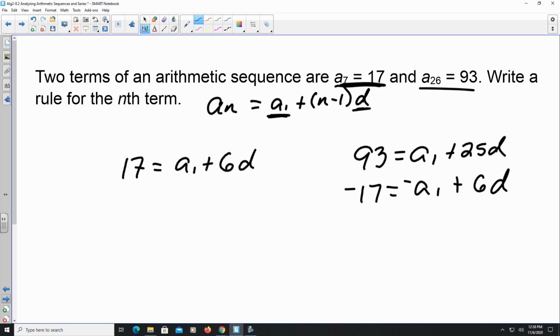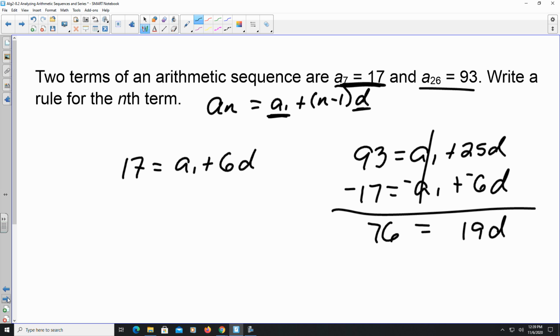So I'm going to put minus, minus, minus across the bottom. This cancels out using systems. 25 minus 6 is 19, so I get 19d over here. And then 93 minus 17 is 76. So 76 divided by 19, I get d is 4.